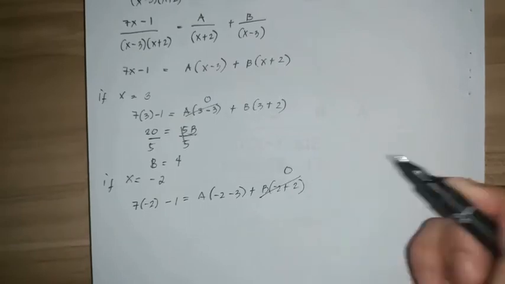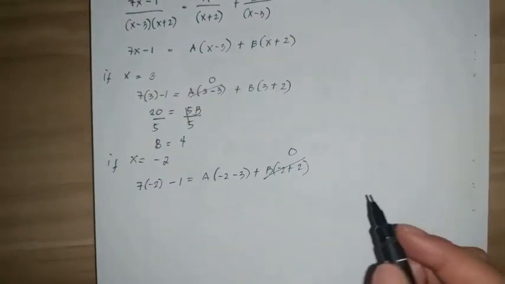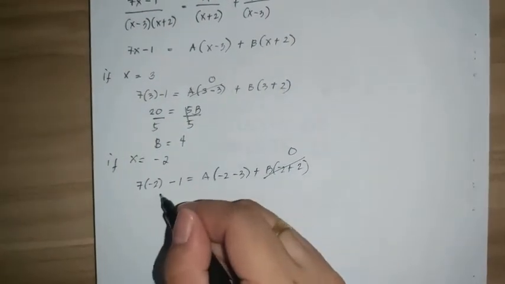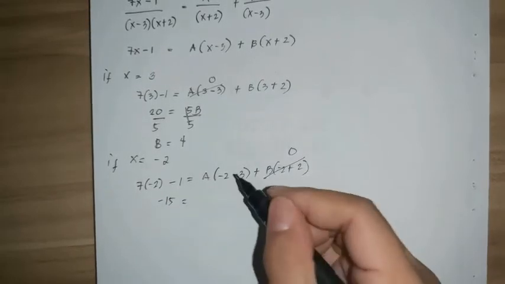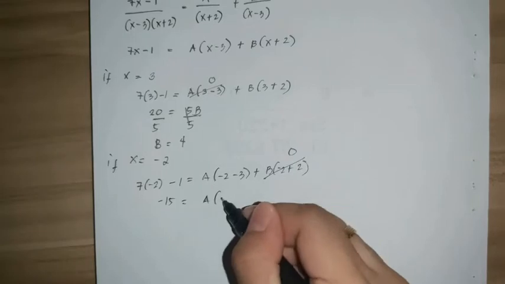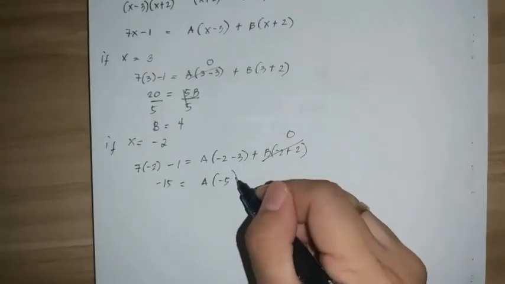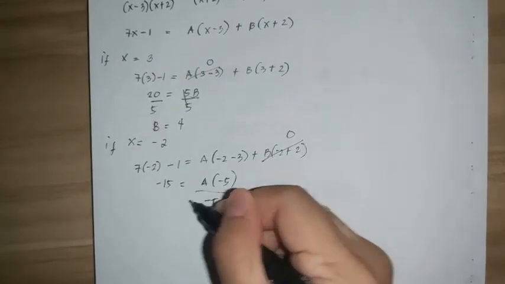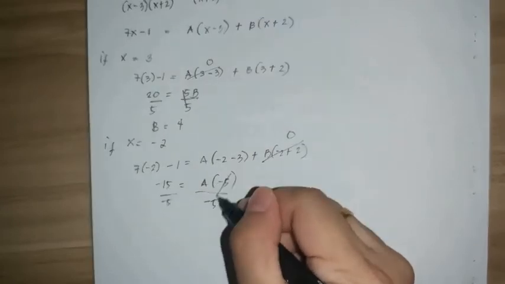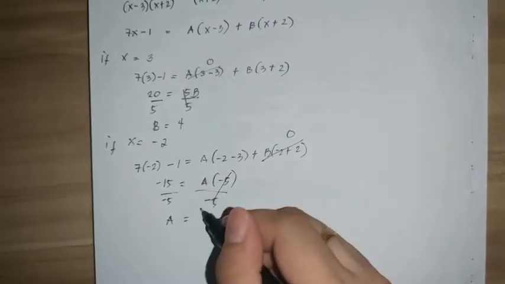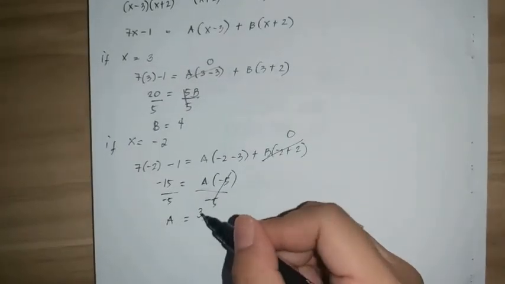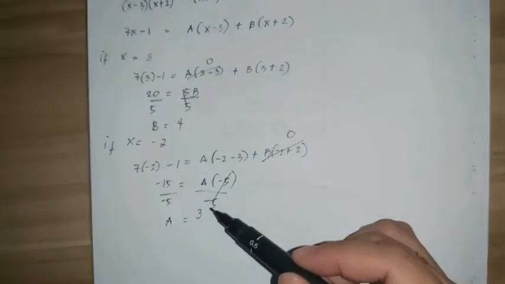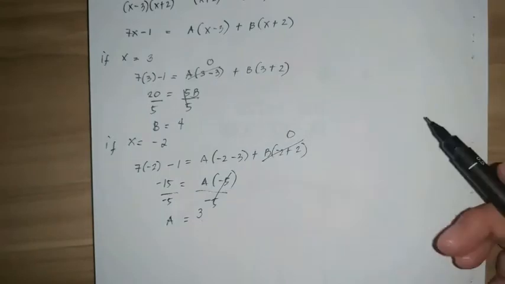This becomes 0, so we will have negative 14 minus 1, that's negative 15, is equal to a times negative 5. All over negative 5, we get a is equal to 3. Therefore, our values for a and b are 3 and 4 respectively.